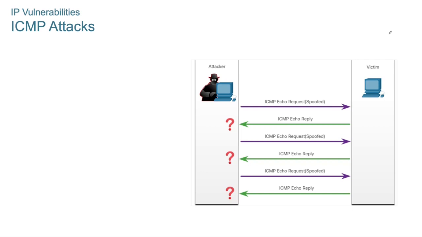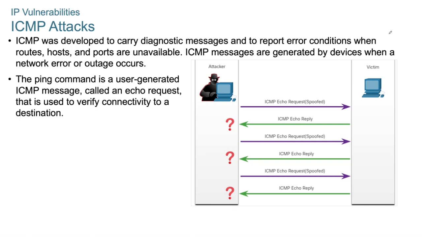The ping command is a user-generated ICMP message called an echo request, used to verify connectivity to the destination side. The threat actors use ICMP for reconnaissance and scanning attacks. There are two different attacks: the reconnaissance attack and the scanning attack.